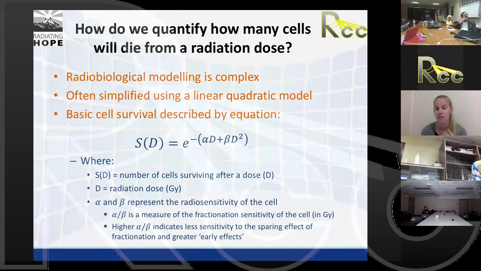The alpha beta ratio is a measure of how sensitive a cell is to fractionation dose. A higher alpha beta ratio will indicate less sensitivity to the sparing effect of fractionation, and they'll have greater early effects. So you'll see more damage more quickly if you've got a higher alpha beta ratio.